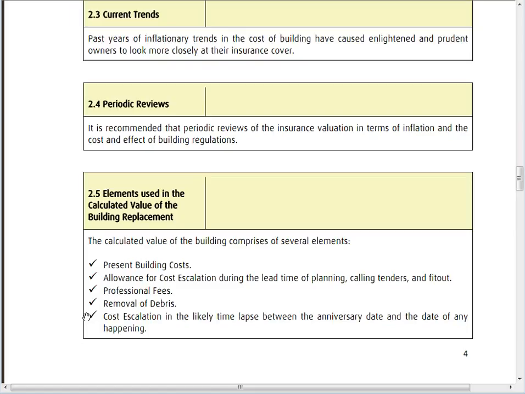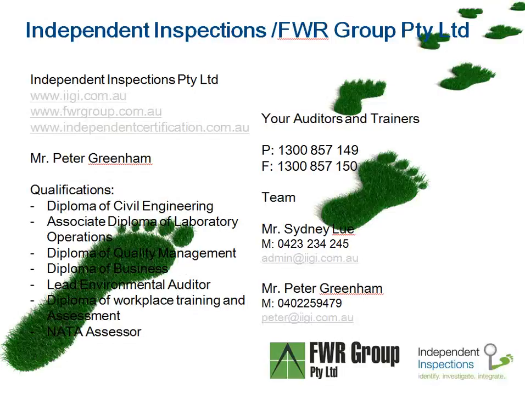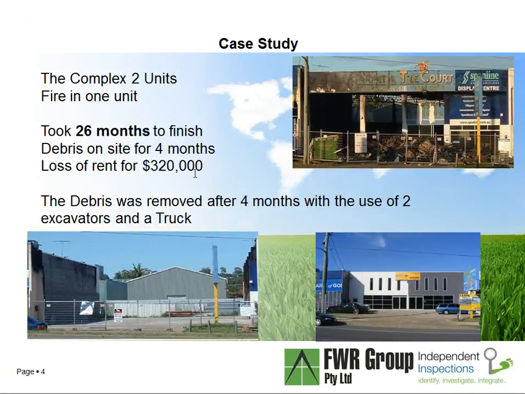As we saw in this building, we had 26 months going from stage 1 to its final stage. So there's a fair gap in between. The original quotes you got to replace the building will be different by the time you get to this stage, especially after nearly 2 years have gone past.